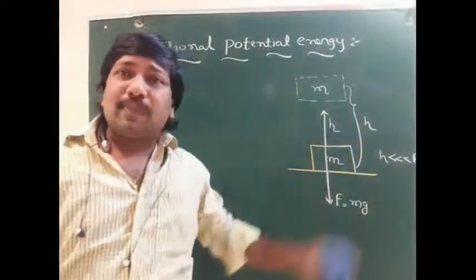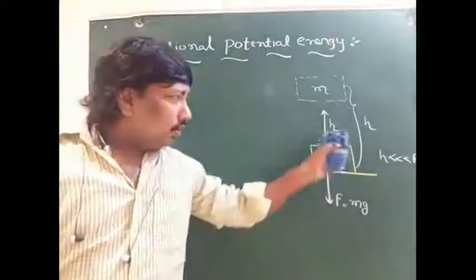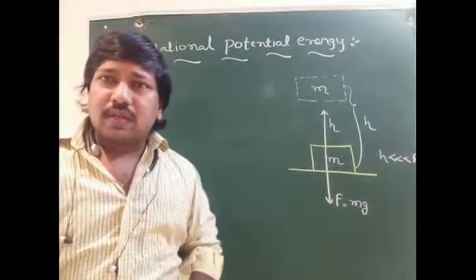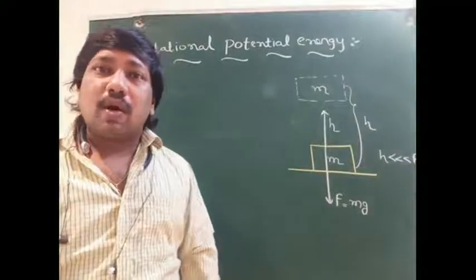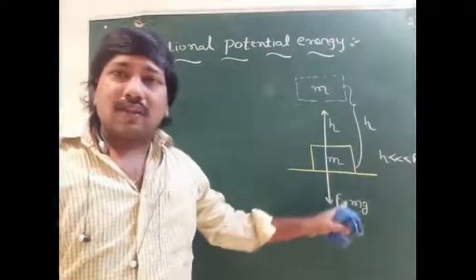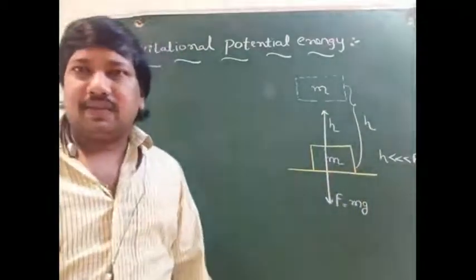So now in this situation, gravitational force and displacement are the two vectors. The angle is 180 degrees because these two vectors are anti-parallel.